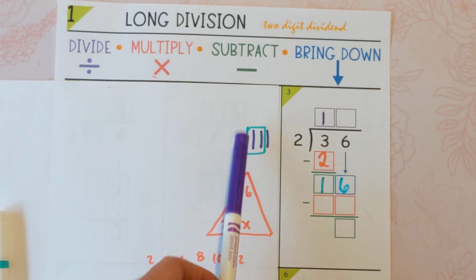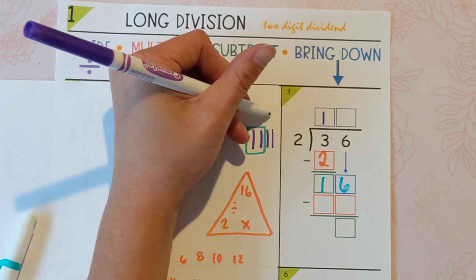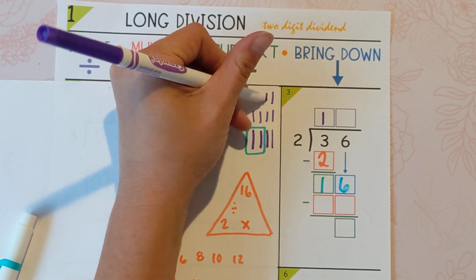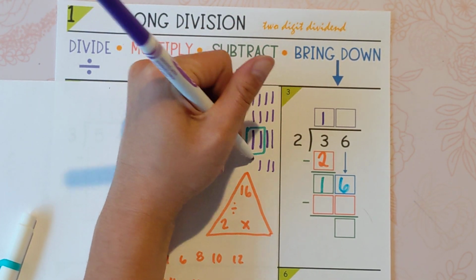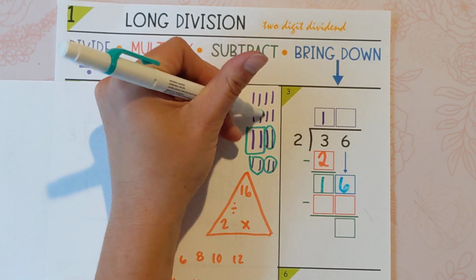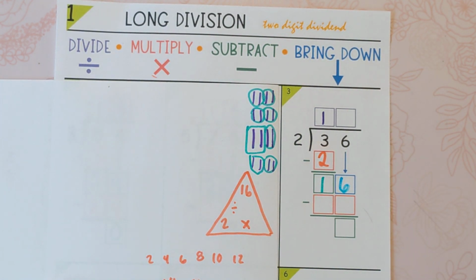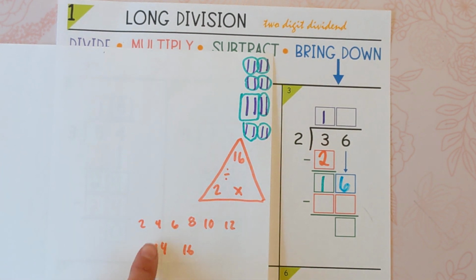And then another thing you could do, like we did before, is you could draw 16 tick marks or whatever and make groups of 2 and then just see how many groups of 2 you could work with. And these are all just division strategies. So when you're dividing, you can use a strategy to help you. And my apologies, you couldn't see this down there.